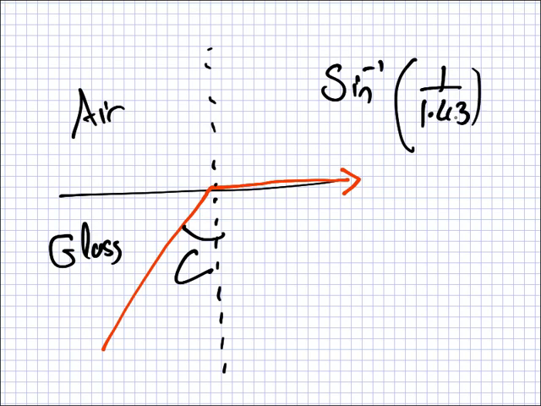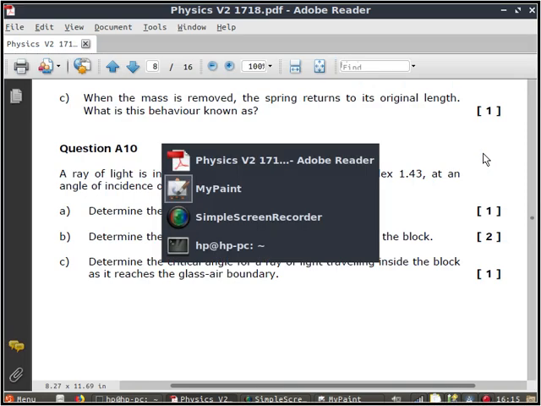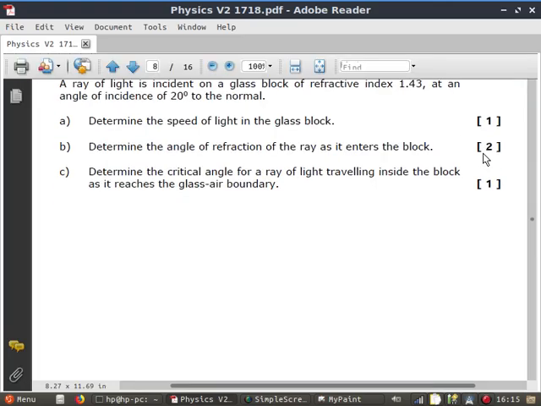That's all. 44.4 degrees. Okay. Right, let's look at the next question.